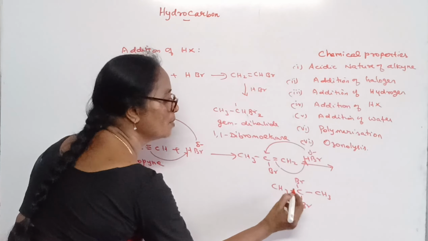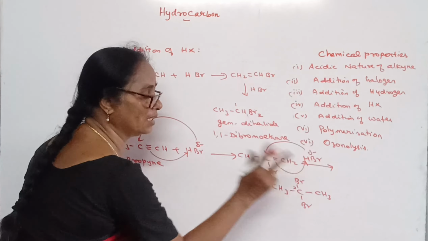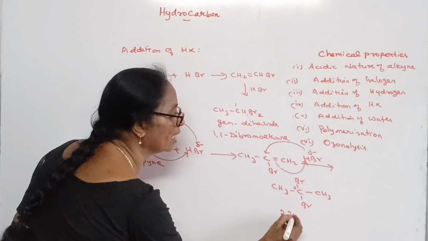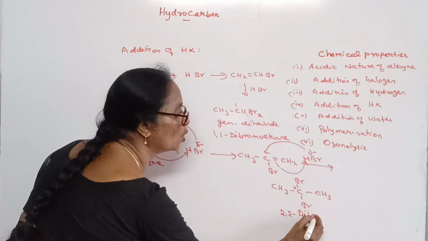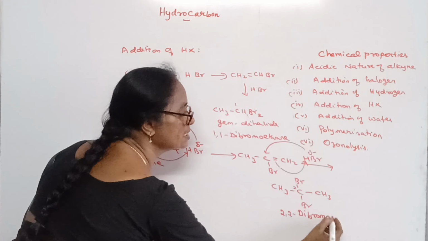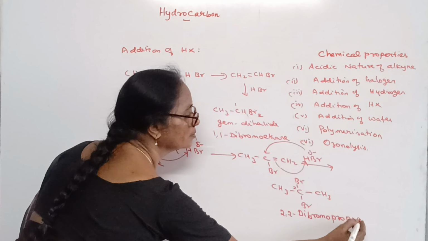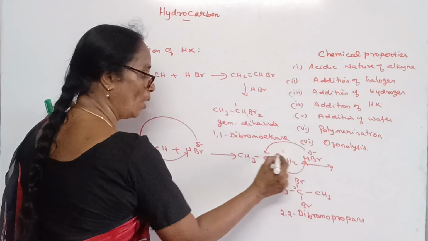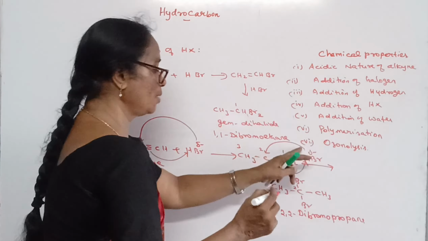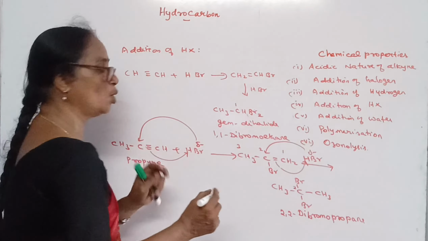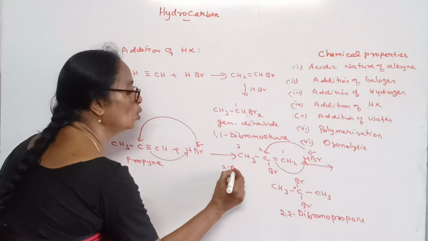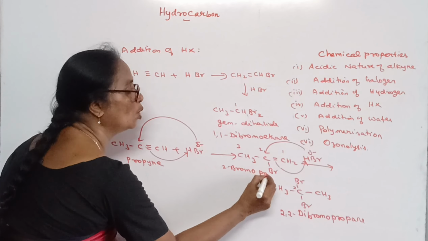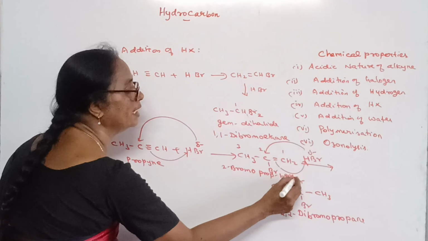So here the name of the compound, the second carbon has 2 bromine atoms. So we can write 2,2-dibromo, 3 carbons in a chain, so we will get propane. And the first one, 1, 2, 3. The first carbon has double bond, second carbon has bromine. So the name is 2-bromoprop-1-ene.